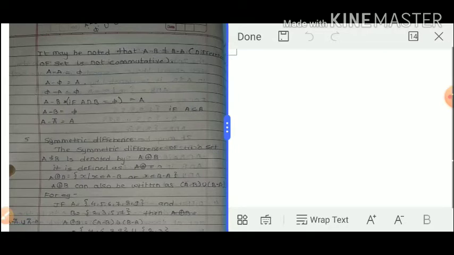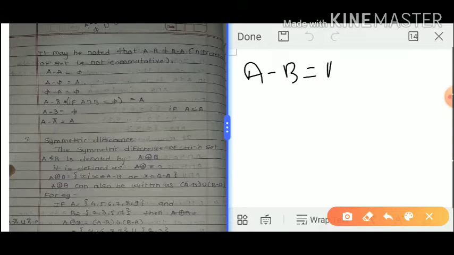A minus B is equal to A if A intersection B equals phi. Suppose A minus B equals A under the condition that A intersection B is equal to phi.